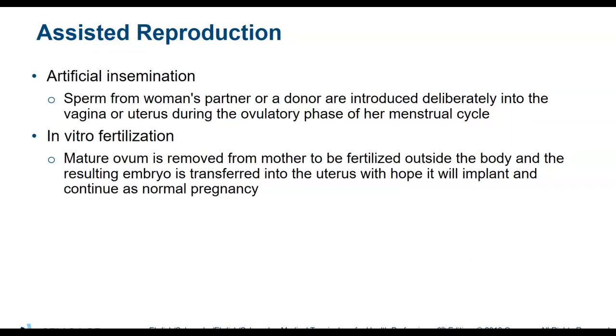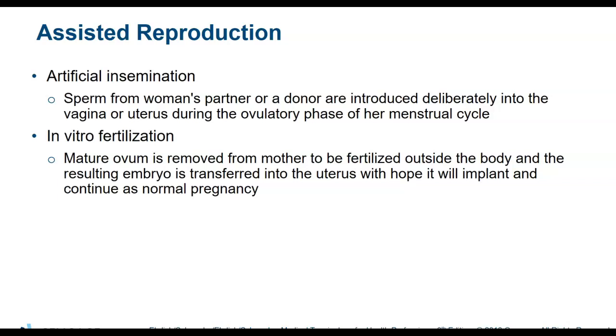And then assisted reproduction. Artificial insemination is when sperm from a woman's partner or donor are introduced into the vagina or uterus during the ovulatory phase of her menstrual cycle. So this is not in vitro. This is artificial insemination.